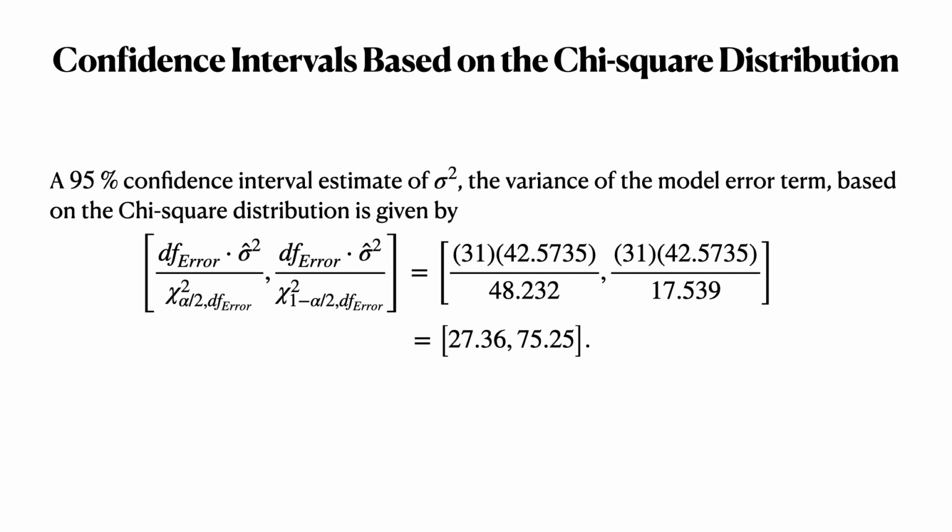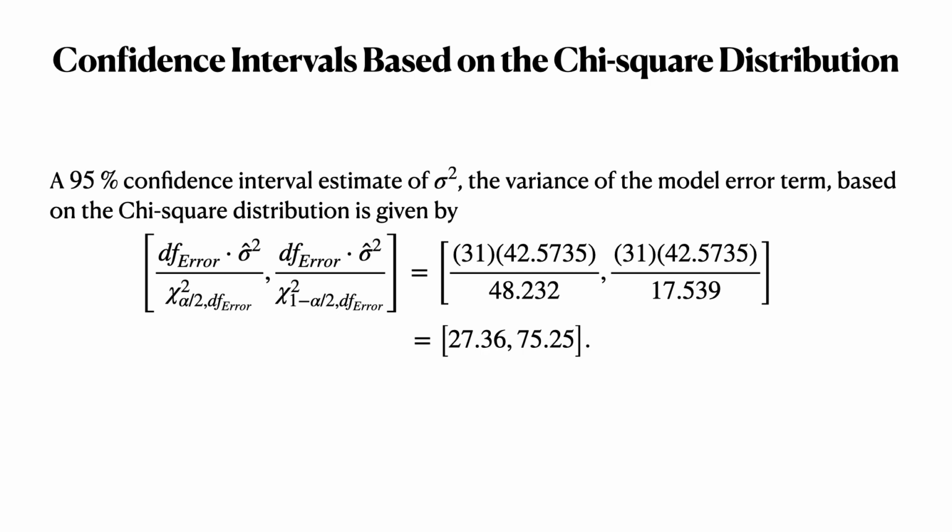Since we're constructing a 95% confidence interval estimate, alpha is equal to 0.05, and so alpha over 2 is equal to 0.025, and 1 minus alpha over 2 is 0.975. And so the denominator for the left endpoint is the upper 2.5 percentage point of the chi-square distribution with 31 degrees of freedom. That's equal to 48.232, rounded to 3 decimal places.